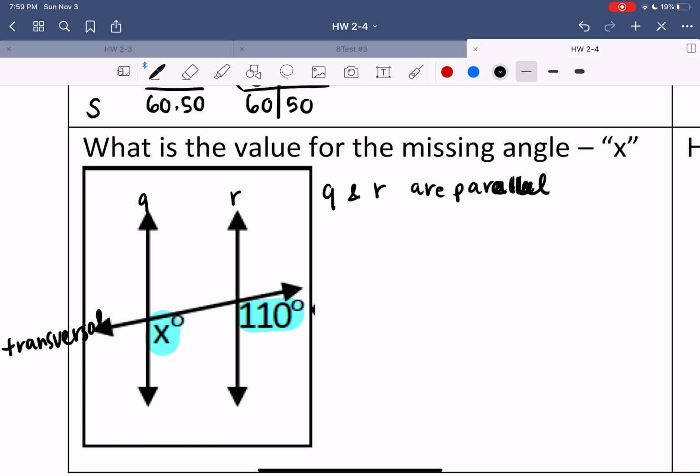When a transversal cuts through two parallel lines, the angles that are formed here are exactly the same as the angles that are formed here. So if I know that, we will know that the angles will be the same. Since they gave us 110, that's located in the same spot as X, we'll know that X equals 110.